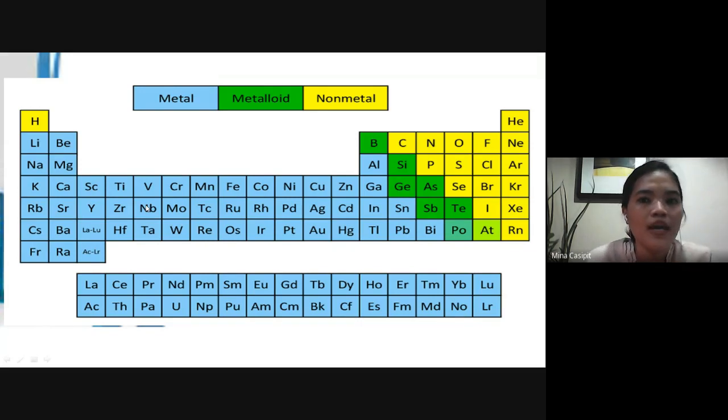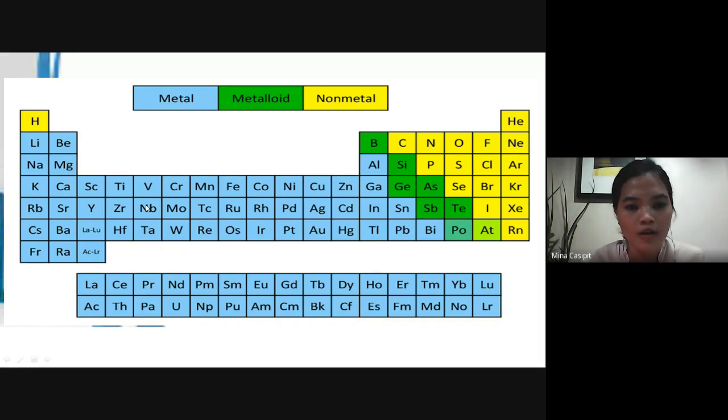Or if wala kayong nahanap na periodic table of elements, you may picture this slide or screenshot na lang po for further uses. Okay na po ba? Na-screenshot na po natin? Opo. Okay. Can we proceed now to the next slide?